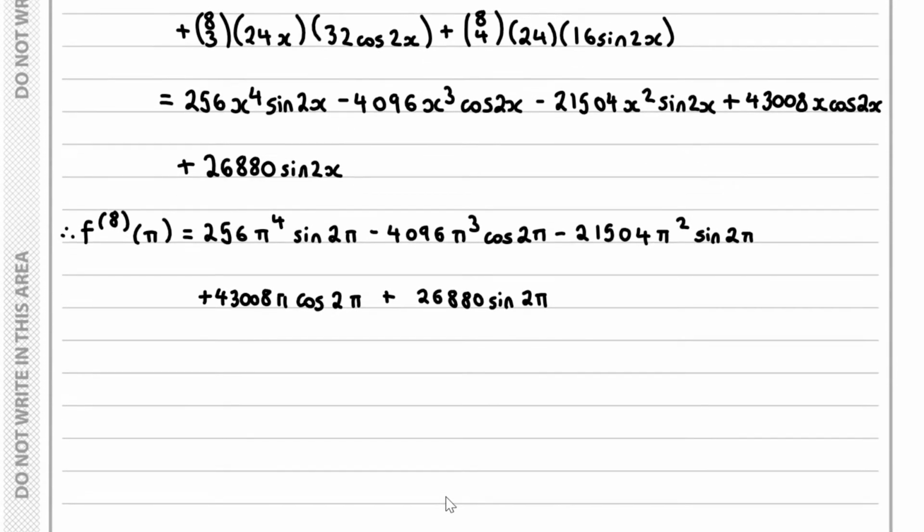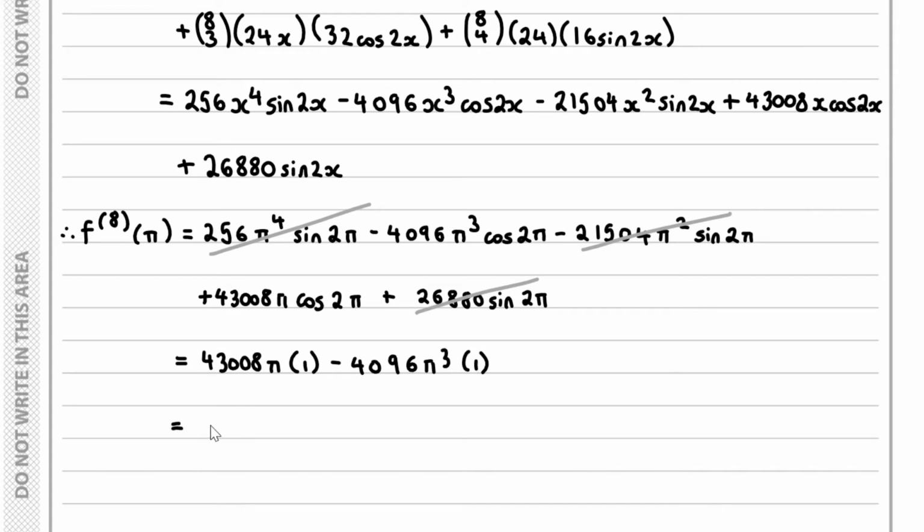And because sine of 2 pi is equal to 0, this and this will all disappear, and because cosine 2 pi is equal to 1, what we'd end up with is 43008 pi times by 1, because cosine of 2 pi is 1, minus 4096 times by pi cubed, lots of 1, again because cosine of 2 pi is 1.